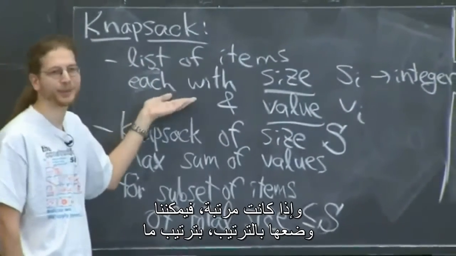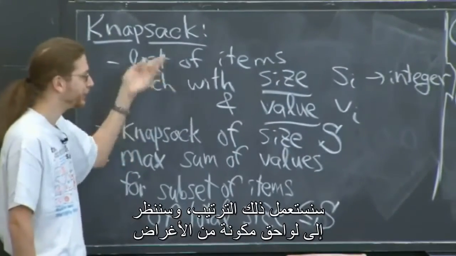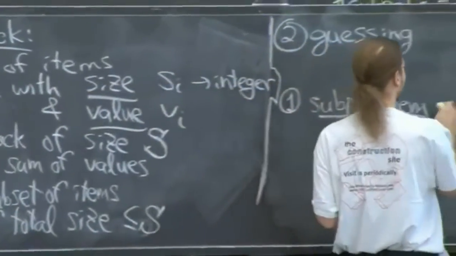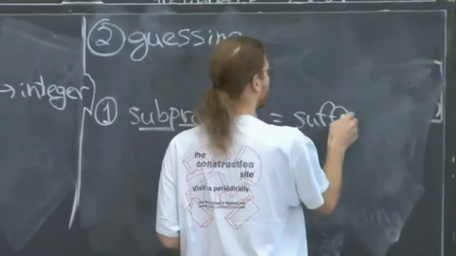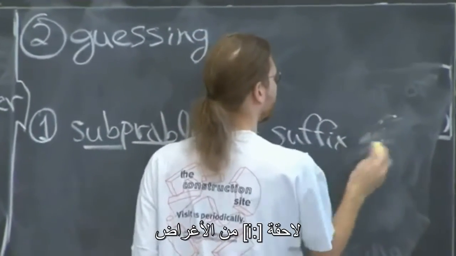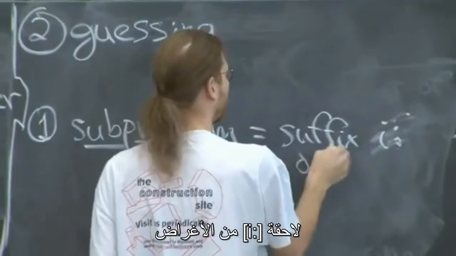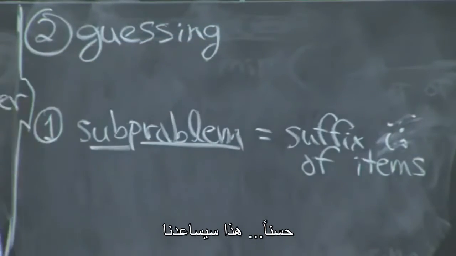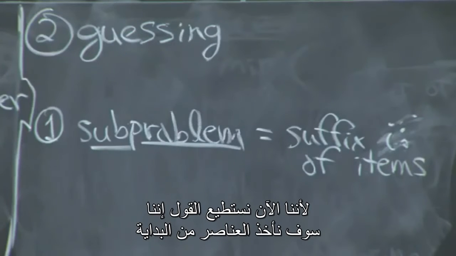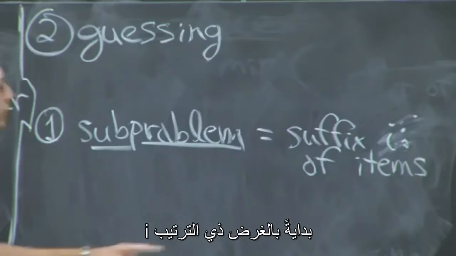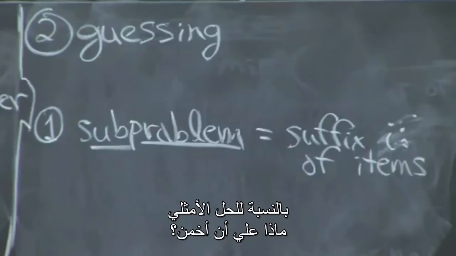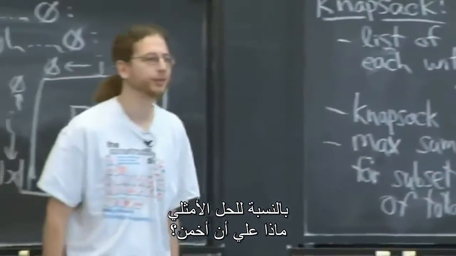If they weren't, we could put them in an arbitrary order. We're going to use that order, and we're going to look at suffixes of items, i colon of items. That's helpful, because now it says we should be plucking off items from the beginning. Starting with the ith item, what should I decide about the ith item relative to the optimal solution? What should I guess?